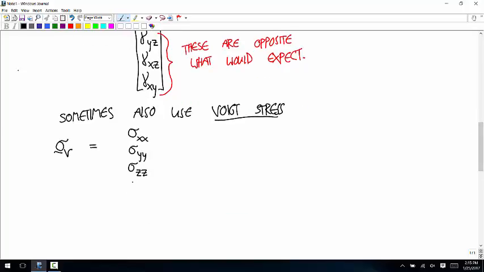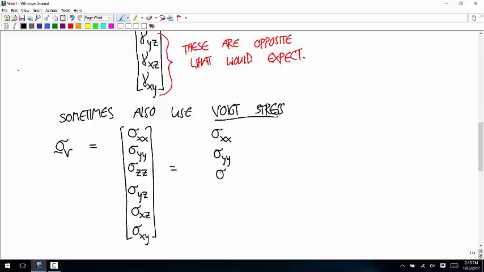And then there are two ways to write the shear stresses. You see them both ways. So I'll do it first as sigma yz, sigma xz, sigma xy. You also sometimes see it written where those shear stresses are all the Greek letter tau. So xx, yy, zz, tau yz, tau xz, tau xy.